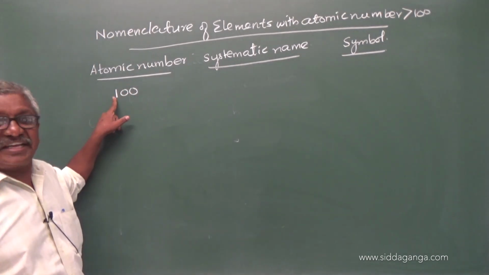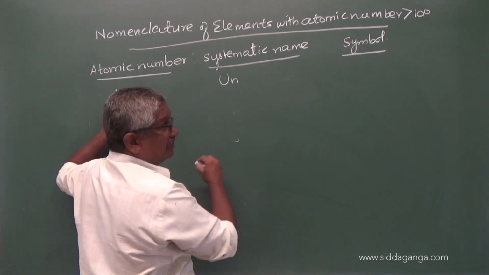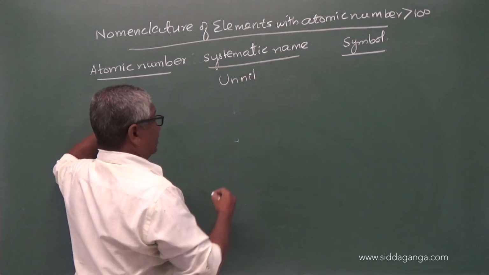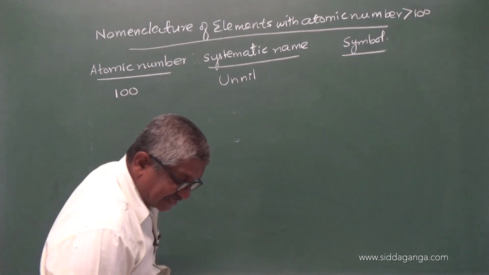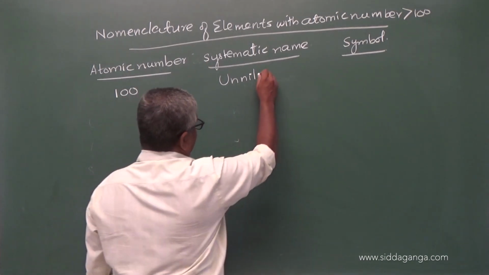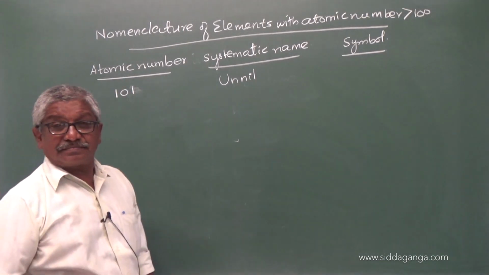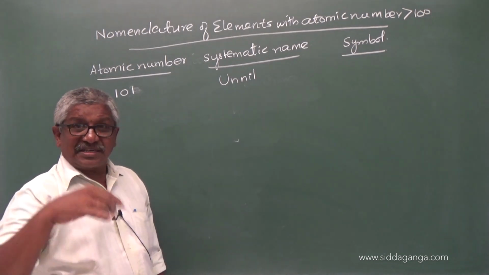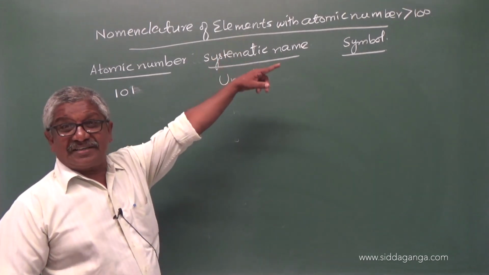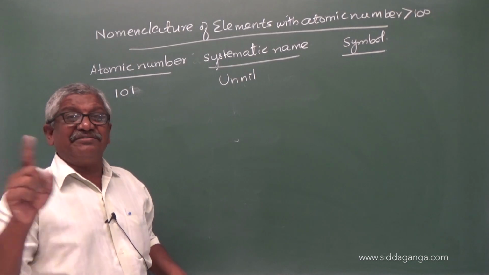In 100, the 1 indicates un, 0 indicates nil, another 0 indicates nil. Greater than 100, we are seeing the systematic name by using the Latin words.